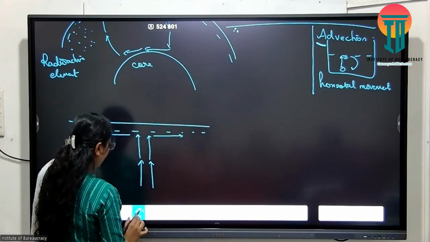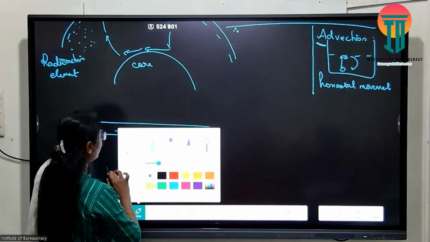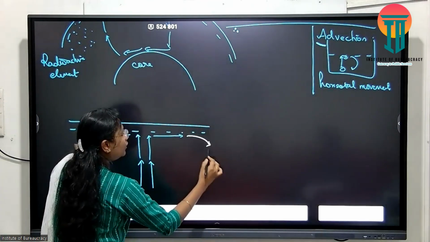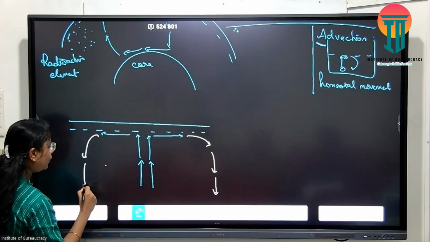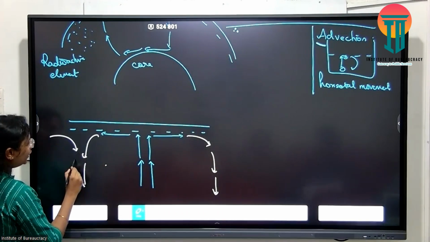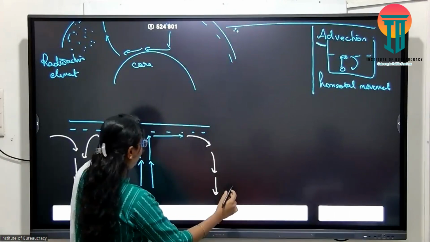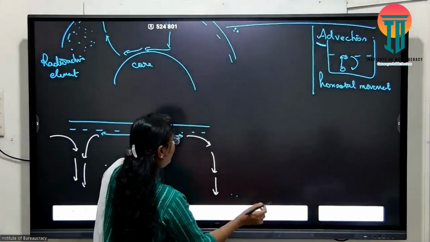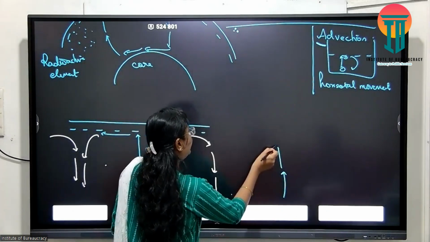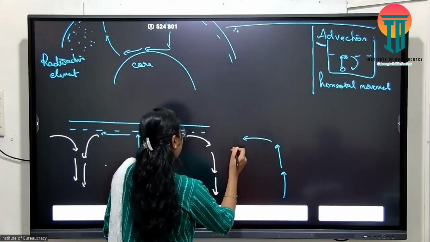After cooling down, the cooler currents would converge down. So in this manner, an alternative system of cells of currents is there in the entire crust.